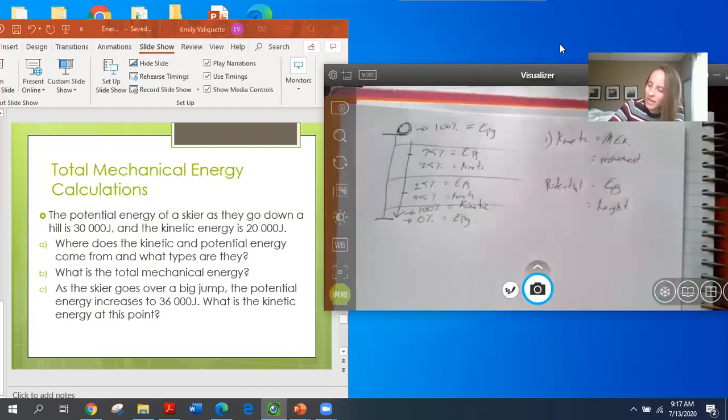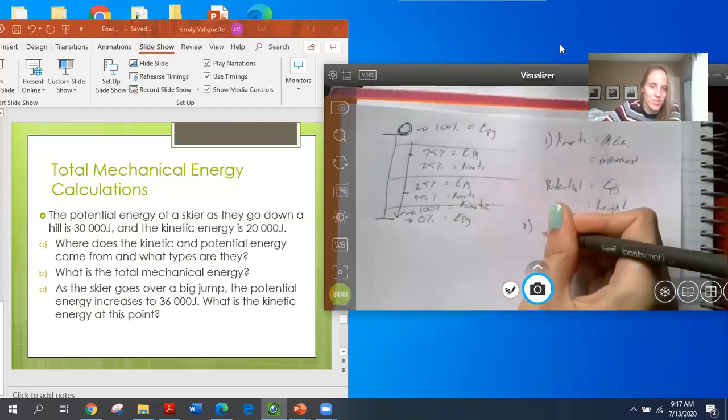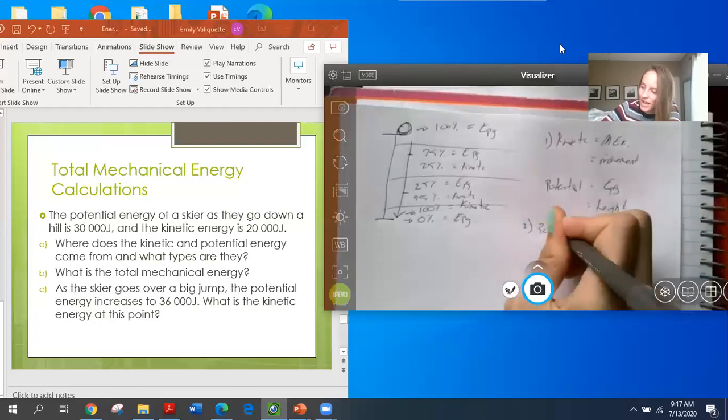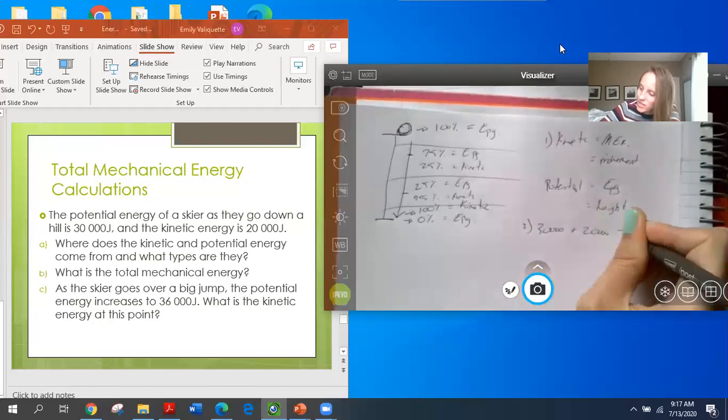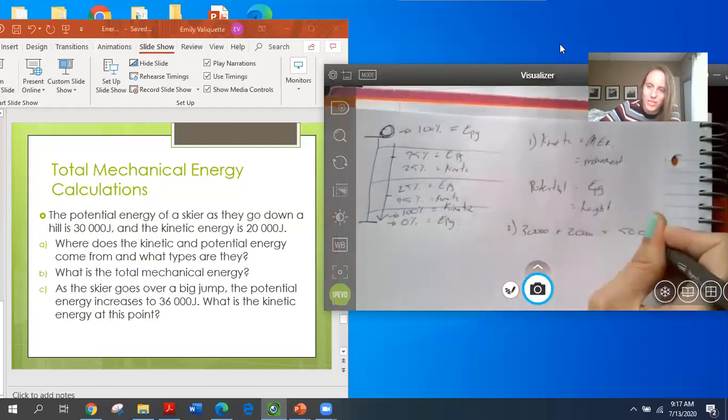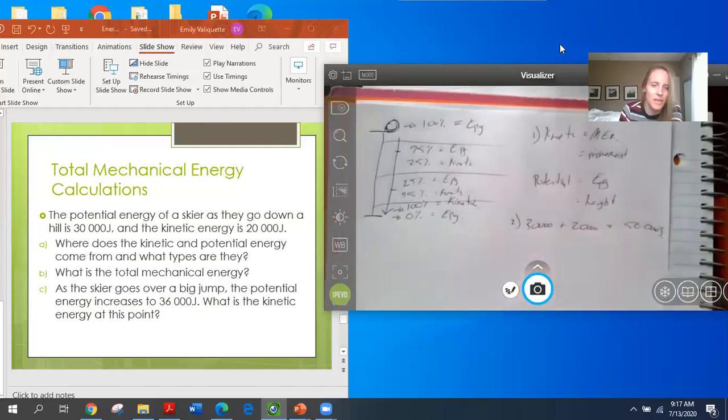What is the total mechanical energy? Well, that is just going to be our 30,000 joules plus our 20,000 joules. So it is 50,000 joules of total mechanical energy. And then it says, as the skier goes over a big jump, the potential energy increases to 36,000 joules because the skier is gaining height again. What is the kinetic energy at that point?